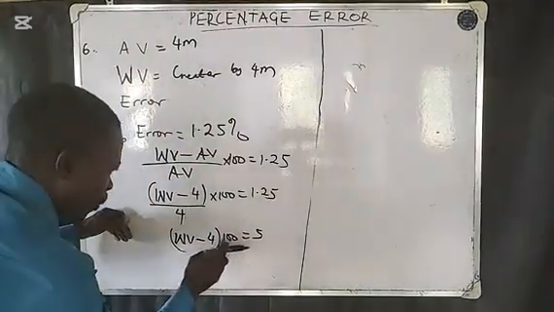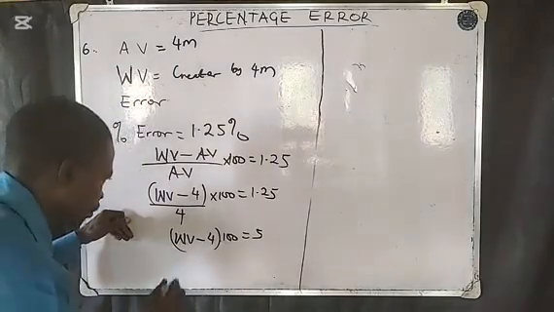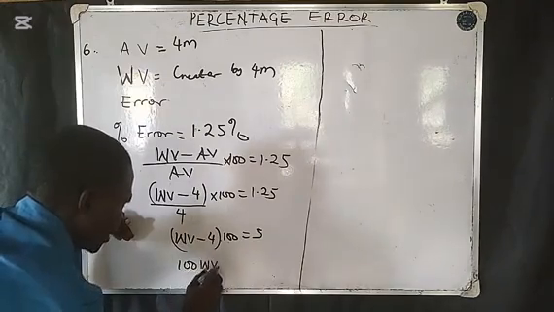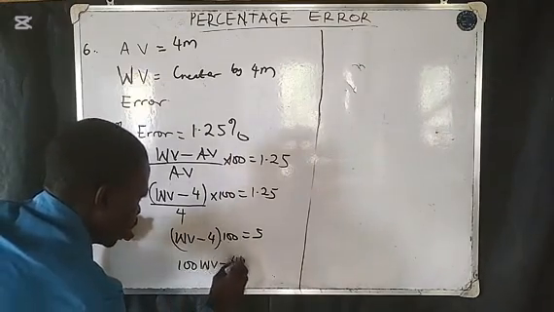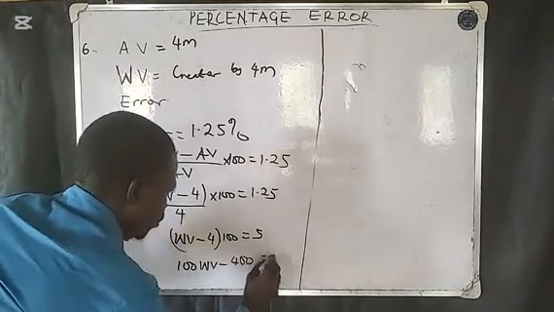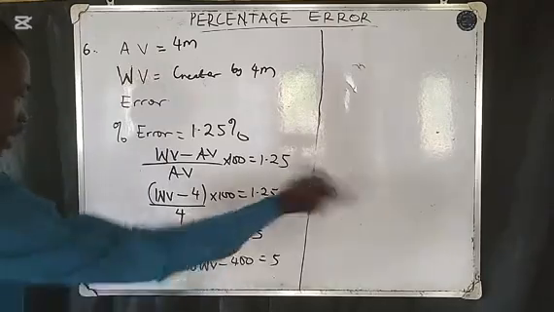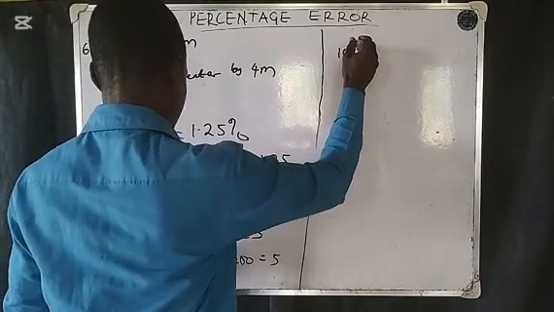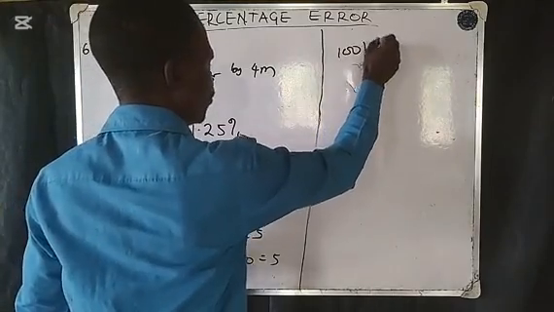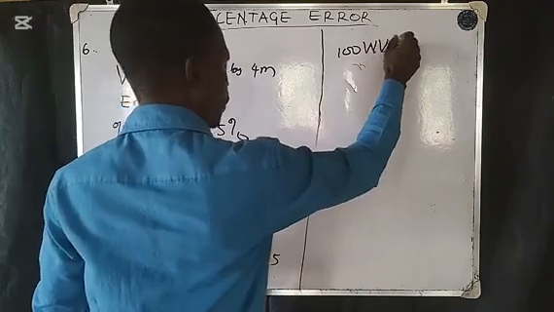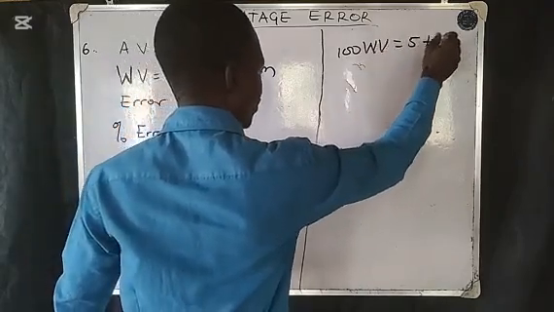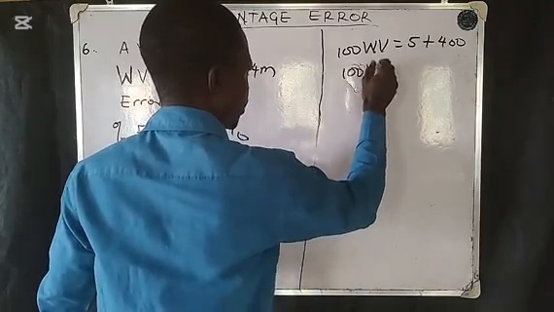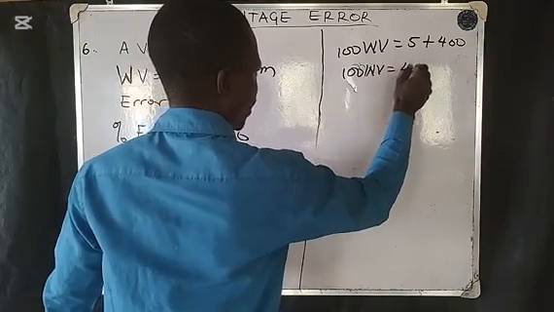So if you open the bracket now, you have 100 WV, here you have 400, and here you have 5. When this one comes here, it becomes plus. You have 100 WV equals 5 plus 400, which is 505. 100 WV equals 505.